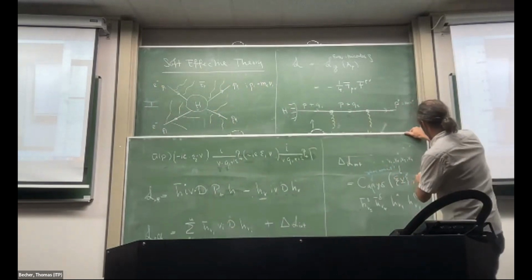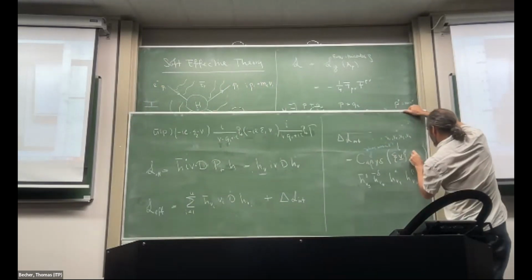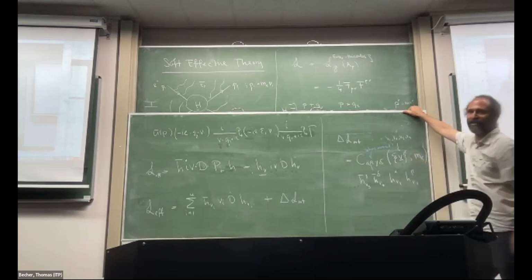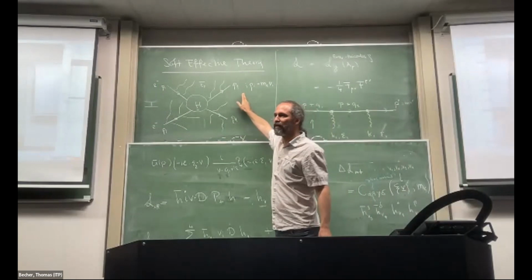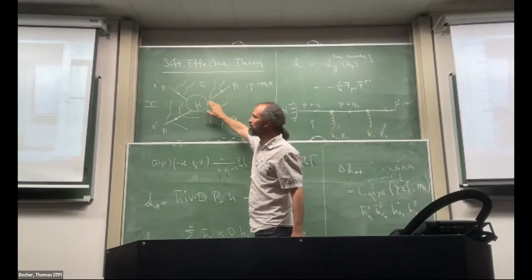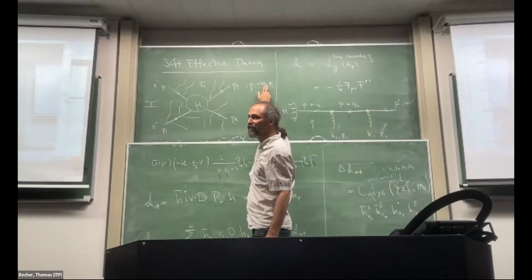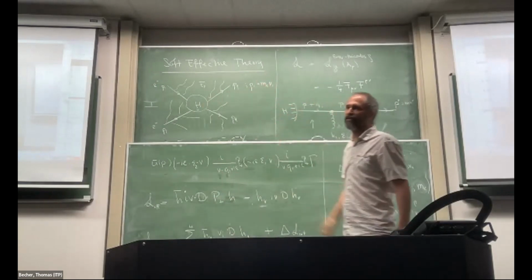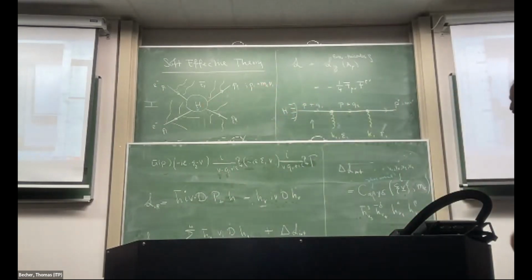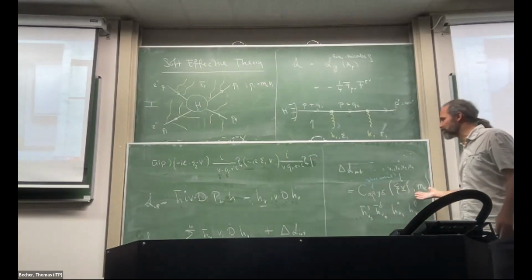So maybe even instead of center of mass energy, I can just write the electron mass here, even better. So these are the 4 momenta in this scattering. I replace them by 4 velocities and 1 dimensionful quantity, for example, the electron mass. And so this is now a function of this.